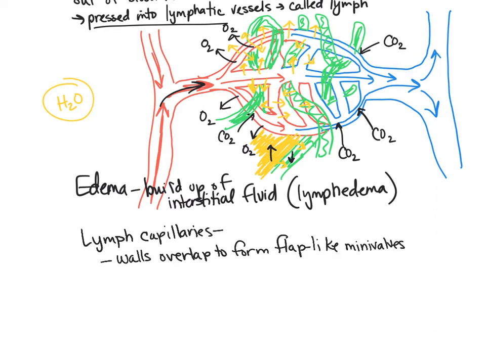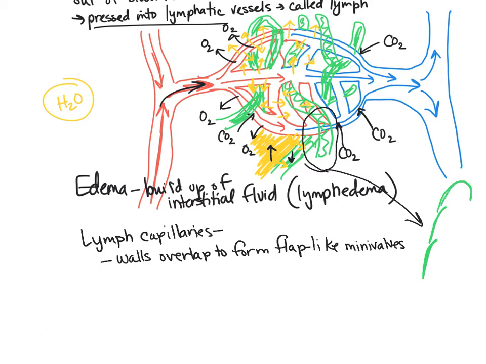So let's do a quick drawing of that. If we took, up here in this other illustration, a lymphatic vessel and drew a close-up of that lymph capillary, what we would see, these are cells here, is that they have overlapping walls.